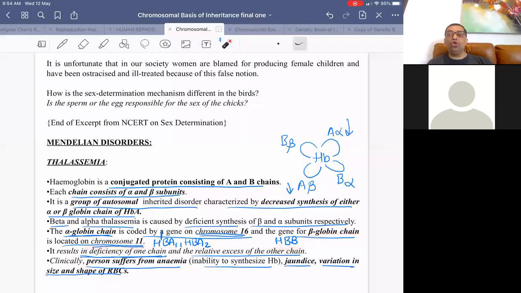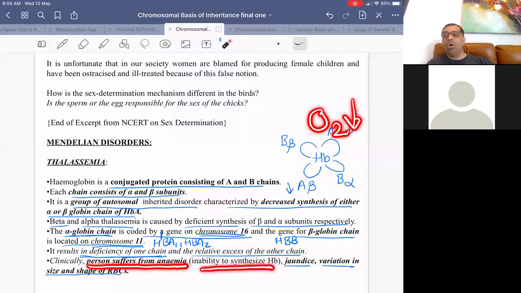Now, अगर जीन म्यूटेट हो गया और ए अल्फा या ए बीटा बनेगा ही नहीं, then there is deficiency of the chain. तो chain deficient हो जाएगी, which means the oxygen binding capacity will become reduced, and that person will suffer from anemia, inability to synthesize sufficient hemoglobin.